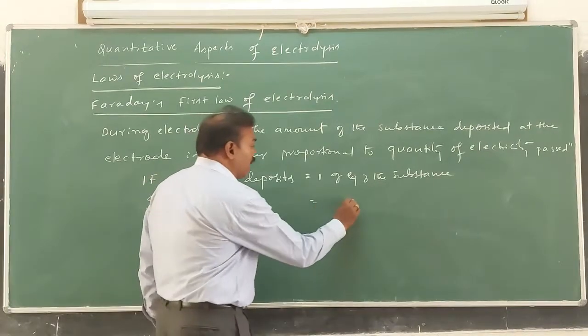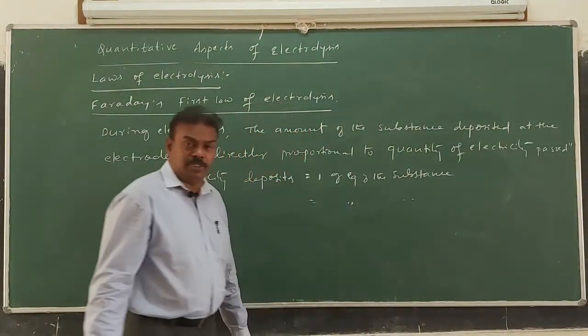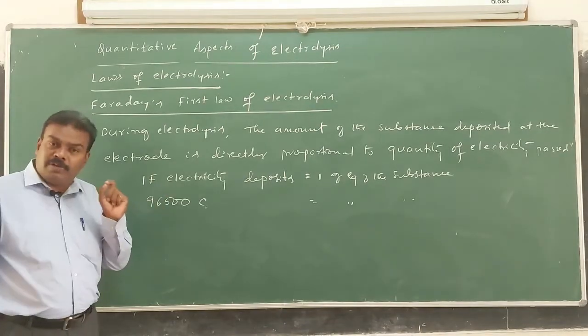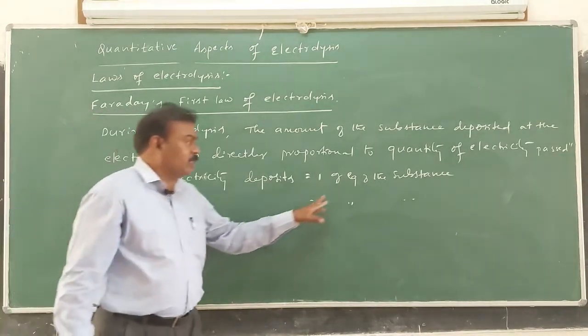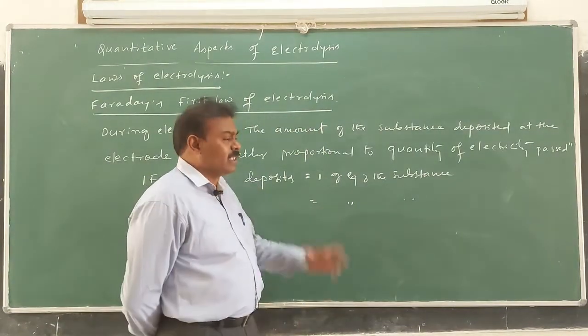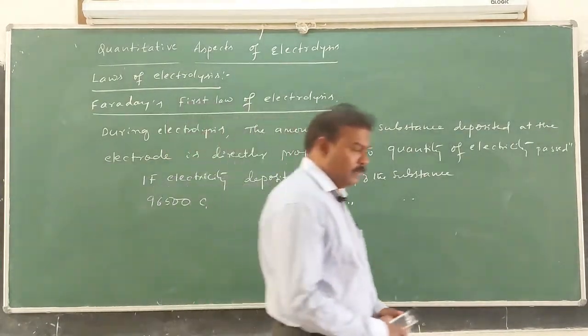So 1 Faraday, or 96,500 coulombs, deposits 1 gram equivalent of the substance.